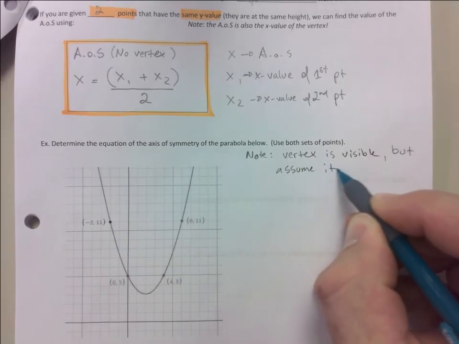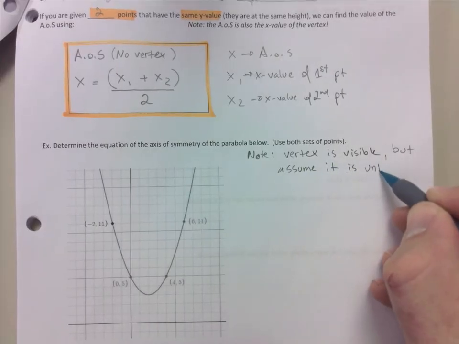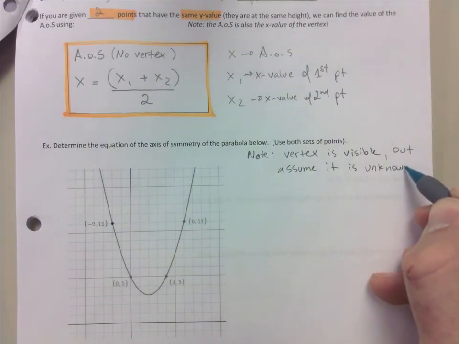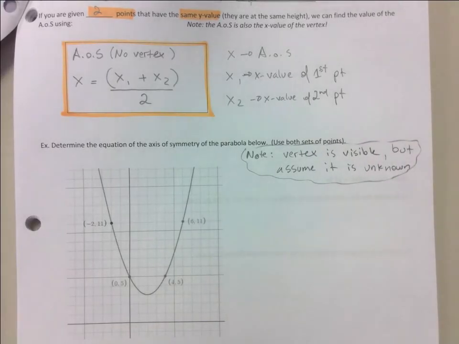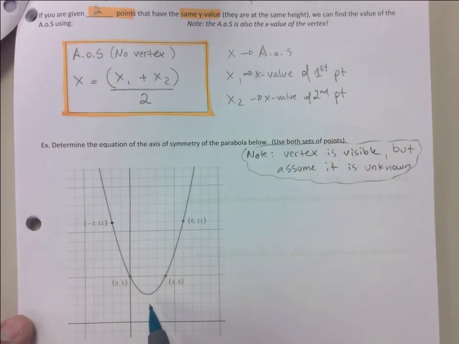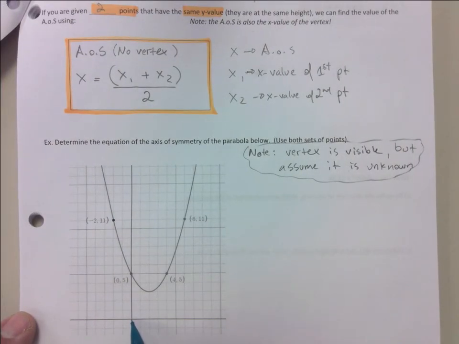Assume it is unknown. Otherwise, you would be like, why are we bothering? Why are we doing all this stuff? Like, can you tell what the vertex is right now? It's what, 2, 3, right? The coordinates of the vertex is 2, 3. So we could clearly tell that the axis of symmetry is 2, right?